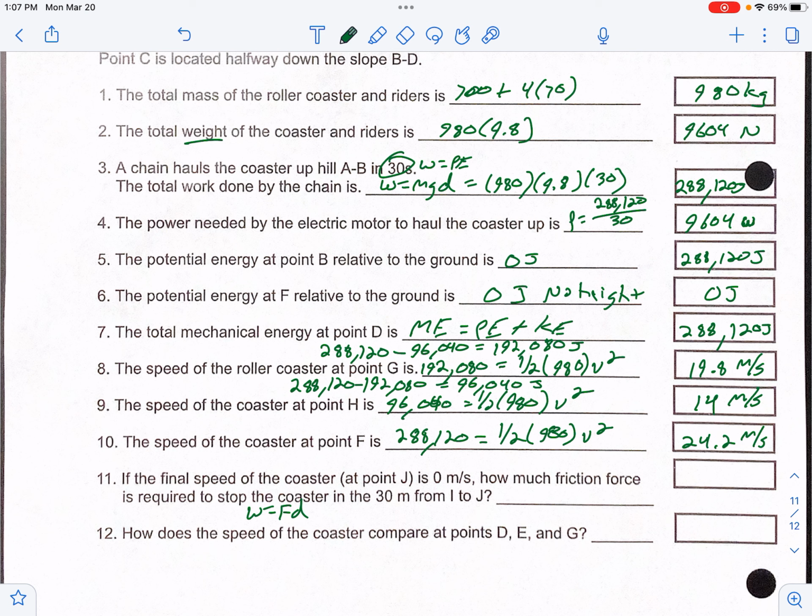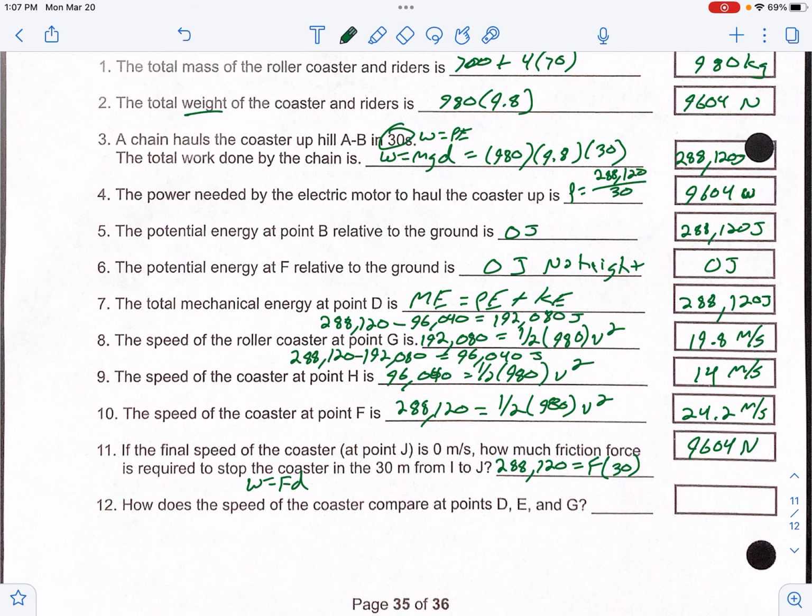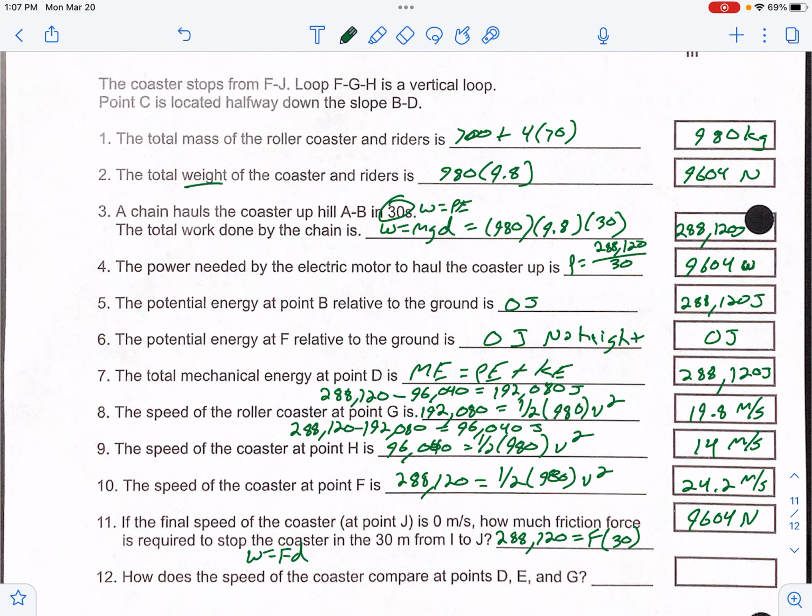So that friction is going to have to overcome 288,120 joules of energy to stop. So we're going to set that equal to force times distance. Now, force we don't know, but distance we know is 30 meters. So divide 30 by both sides, and you get 9,604 newtons.